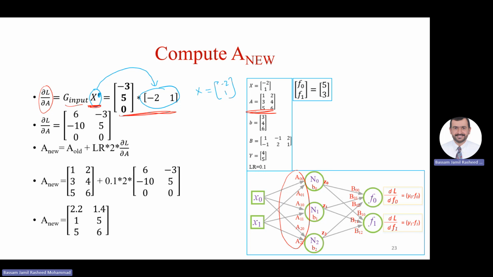We do this multiplication, we get this result. And then what? The new value equals the old value, this is the old value, plus learning rate, which is 0.1 times 2 times delta L over delta A, which I just computed right here. Plug it in, crunch the math, and you get A new equals 2.2 and 1 and 5, 1.4, 5, and 6, etc.